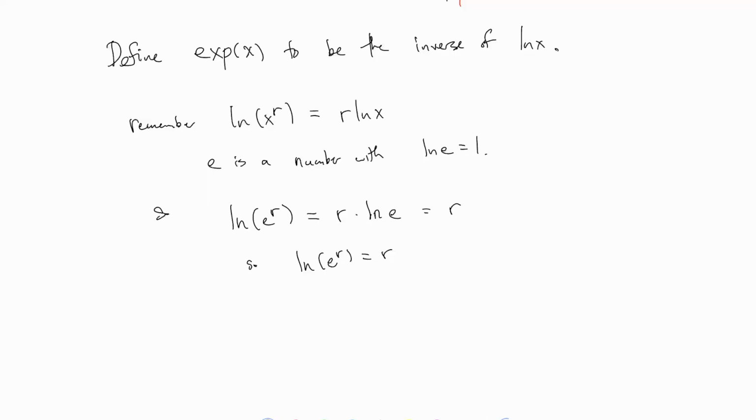And here's a perhaps confusing magical step here. If the natural log of something equals something else, and I also have a name for the inverse, I'm going to do the inverse function on both sides.